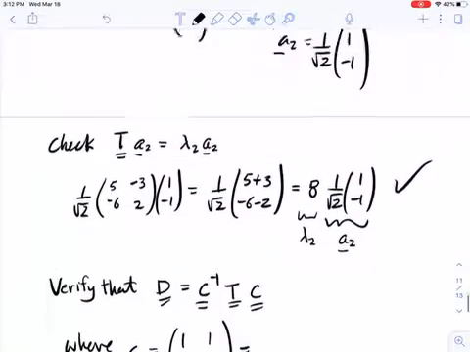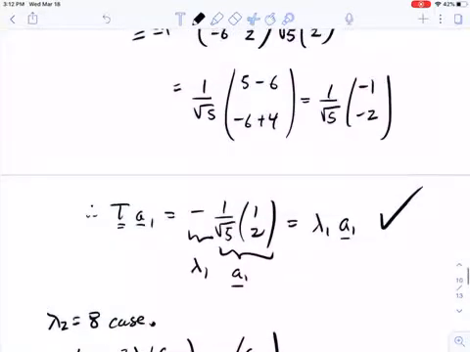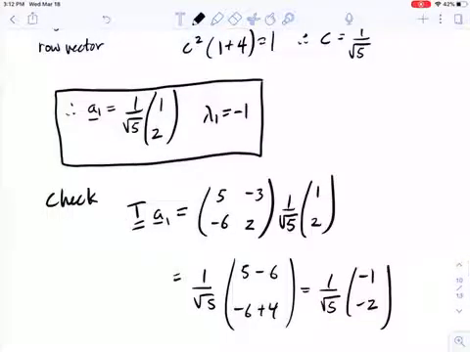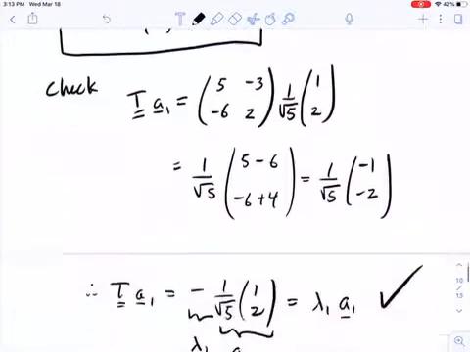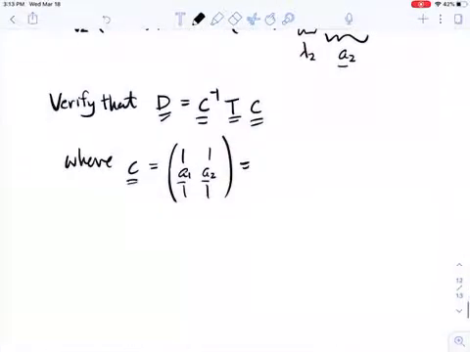So let's see, we have to go back and figure out what was A1. A1 was 1 over root 5, 1 and 2. So it's 1 over root 5, and then it's 2 over root 5.